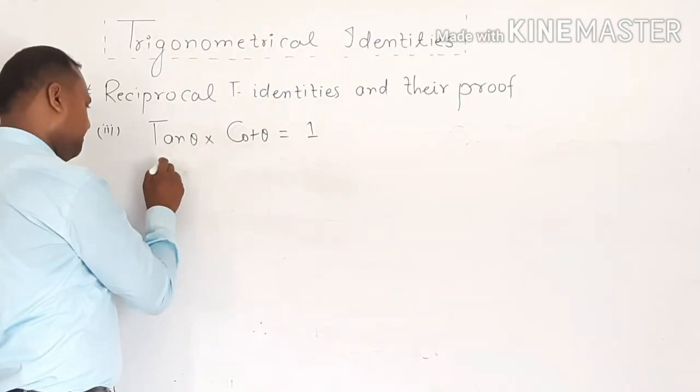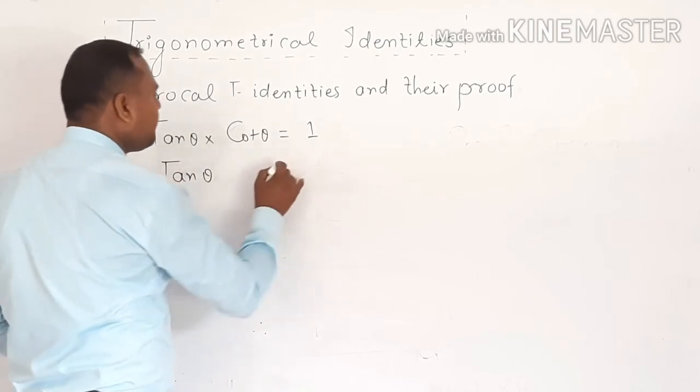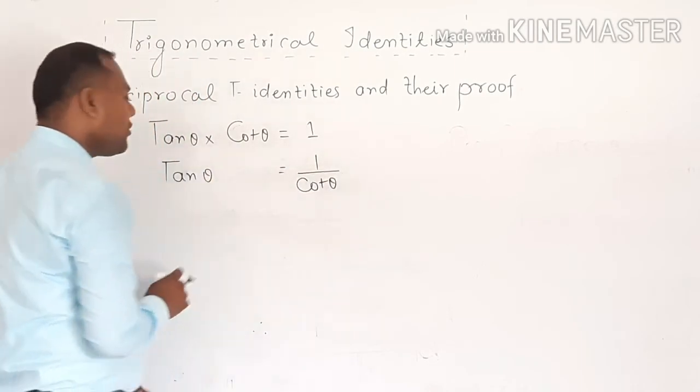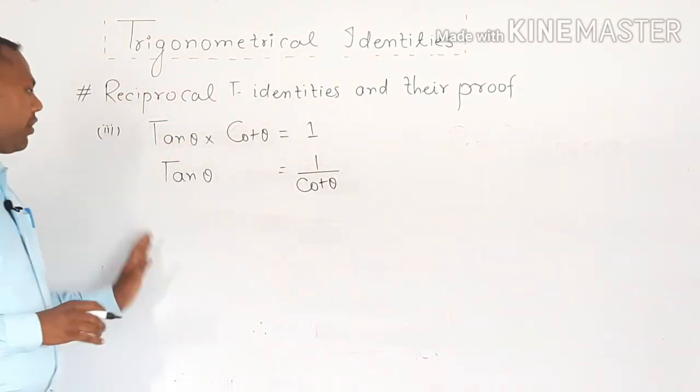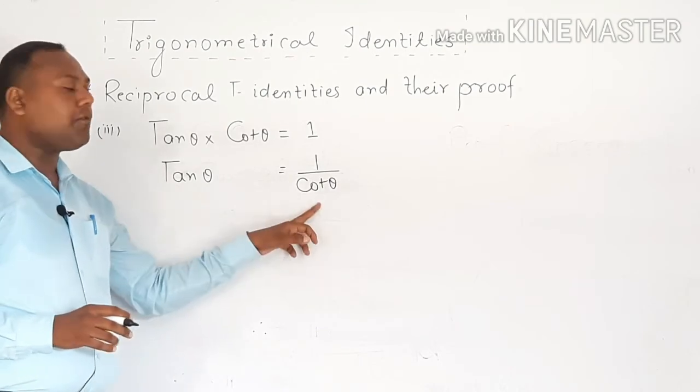And the third one is tan of theta into cot of theta will be equal to 1. Now we can write tan of theta will be equal to 1 upon cot of theta. So how can we prove it? We already know that tan theta means p by b and cot theta equal to b by p.